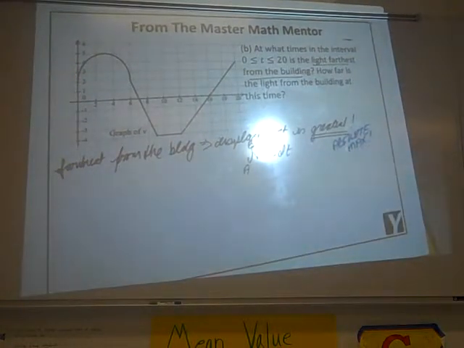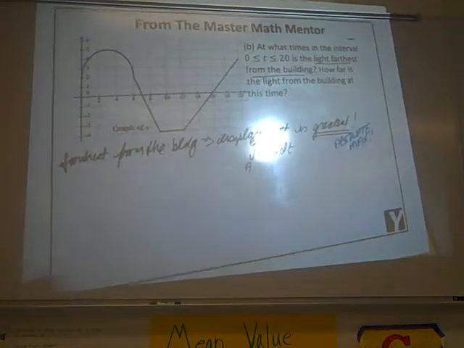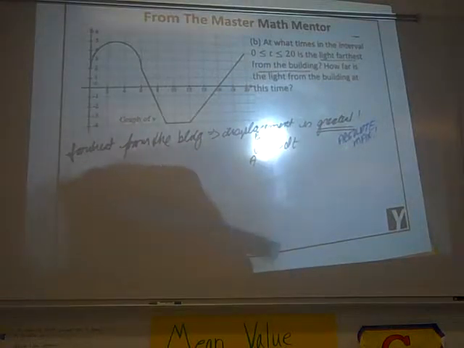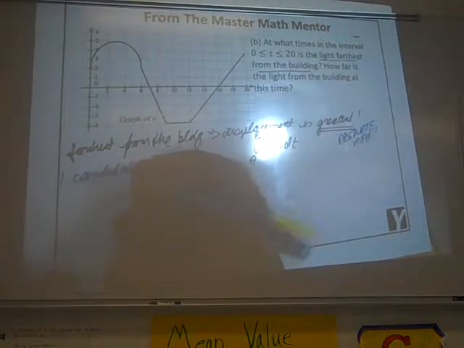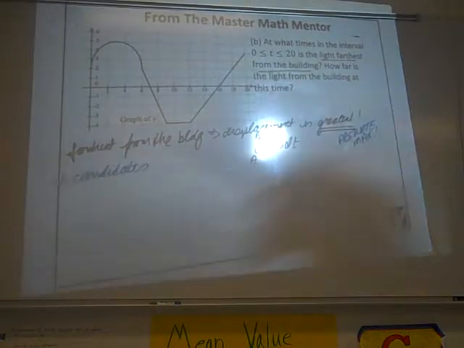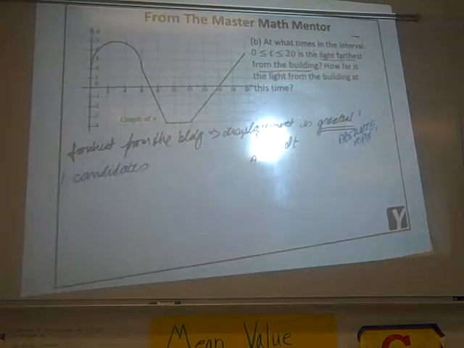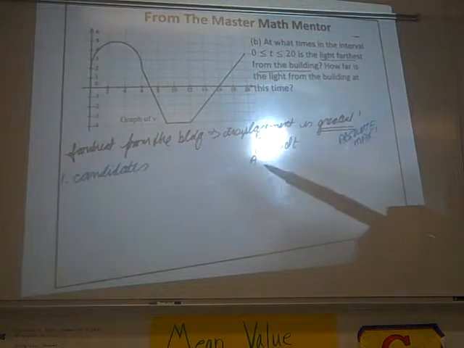With an absolute maximum, in my class we have a 4-step process. So step 1, we identify the candidates. Where could we have an absolute maximum, where would the displacement be greatest?